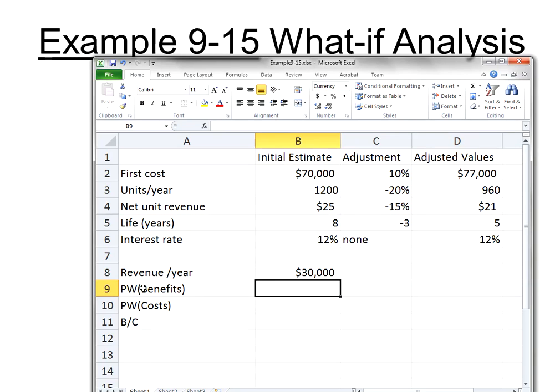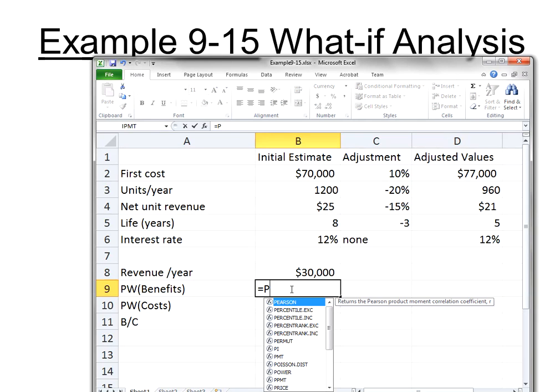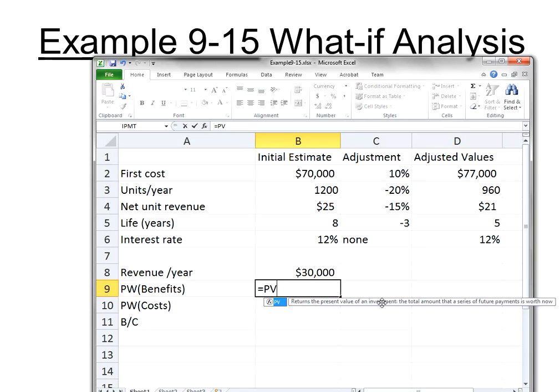And so what is going to be my present worth of benefits? To find that, I'm going to use the PV function. PV returns the present value of an investment. So I'm going to open the bracket, and the next thing is the rate. I'm going to select the rate as my first parameter, which is 12%. Then I'm going to choose the number of periods, which is 8, because we have 8 years.